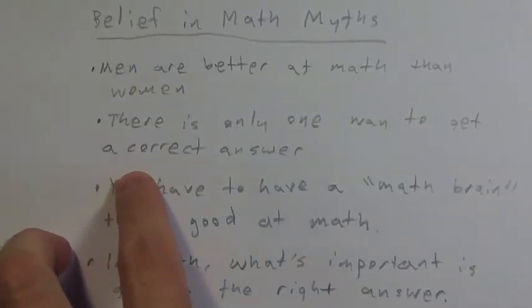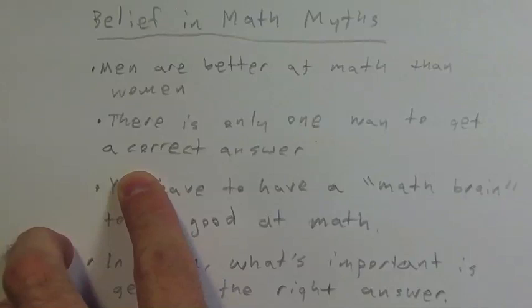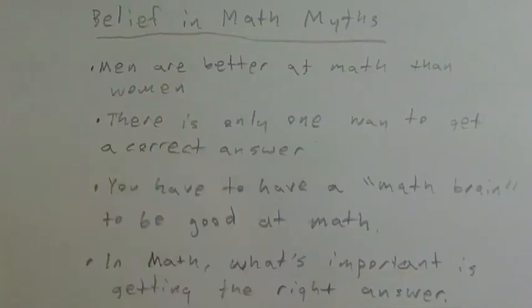Okay? This is an interesting one because teachers even talk about it sometimes. But there's only one way to get a correct answer. Right? I hear it a lot. Just because I didn't do it the teacher's way, I got it wrong. Well, actually, and this is part of what makes, say, calculus on one hand so beautiful and on the other hand so complicated, there are often many ways to go about doing the problem.